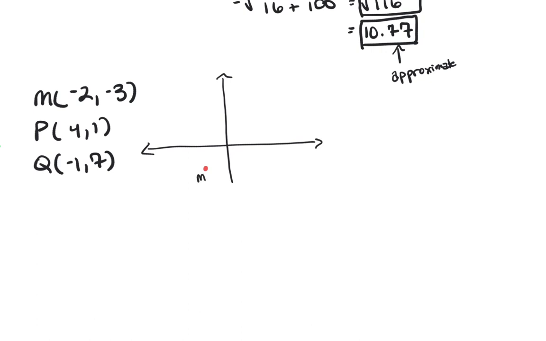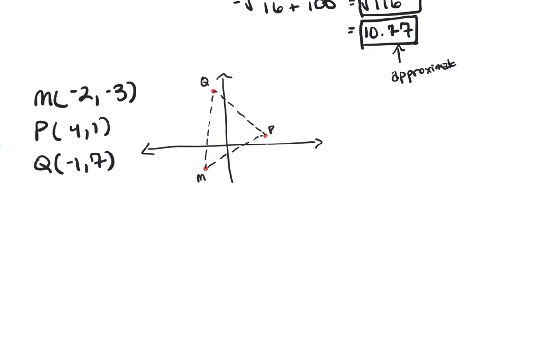So that's M. Our next point's +4, up 1, so right about here. That is point P. And our final point is (-1, 7), so somewhere here. That is point Q. And the question is, is this a right triangle? Obviously, my picture's not drawn to scale, so we can't tell from my picture.